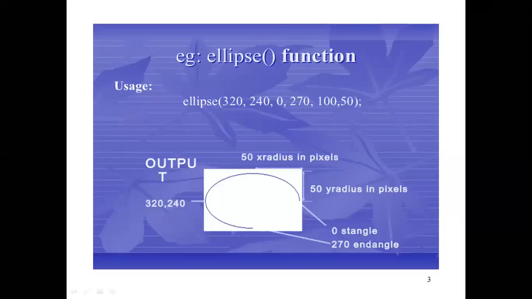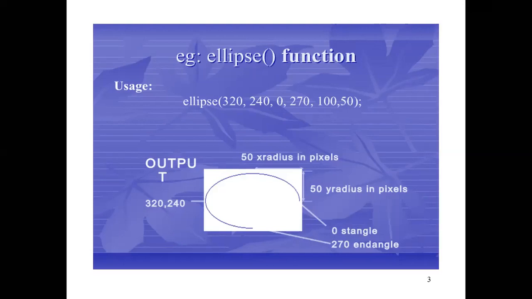Now this is the example ellipse, and we define the function here. This is the data which is already given in the problem: 320, 240, 0, 270, 100, comma 50. Now how will we use this function? 320 and 240 are the center points of the ellipse, and 0 is the starting angle.